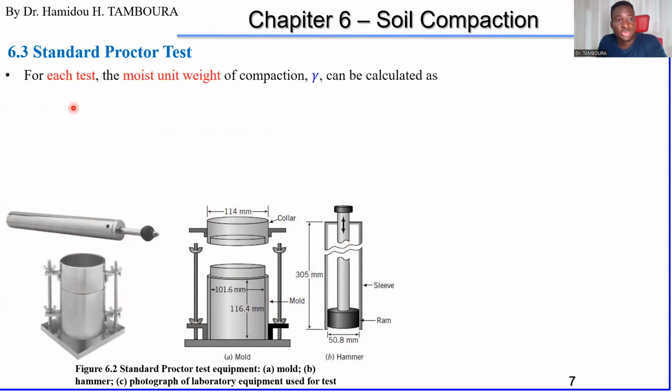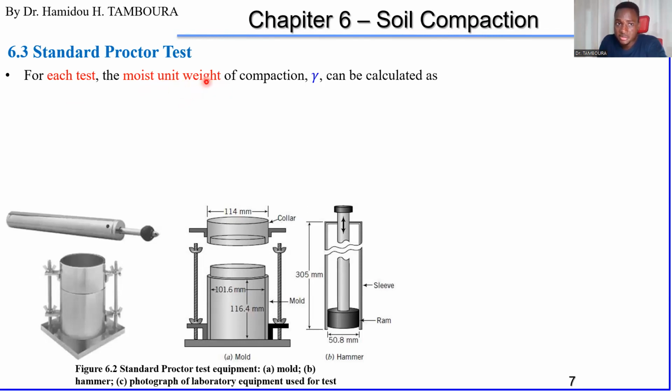Okay. So for each test, you change the water content and you weigh the wet unit weight, the moist unit weight. You obtain that. Okay.